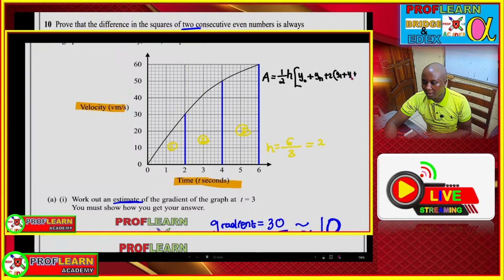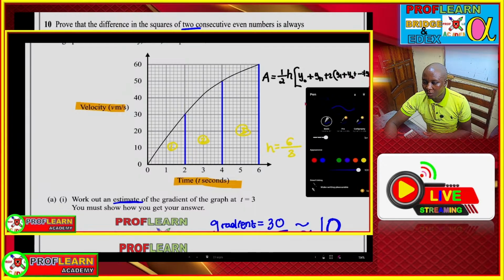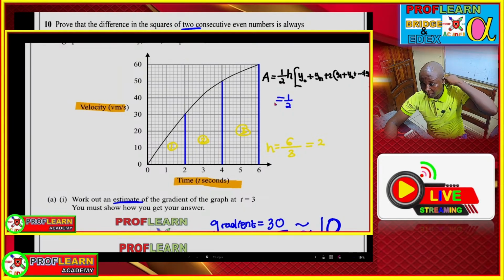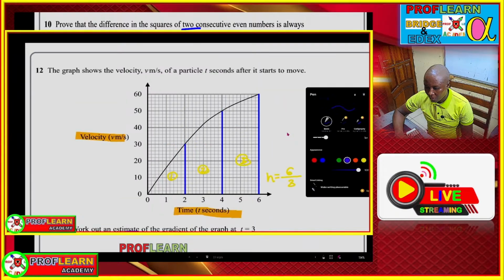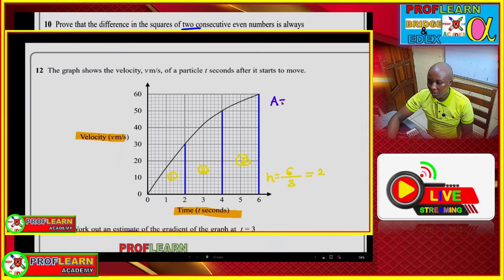The middle ones you are going to times 2, then you close the bracket like that. So let's see how you're going to apply that.